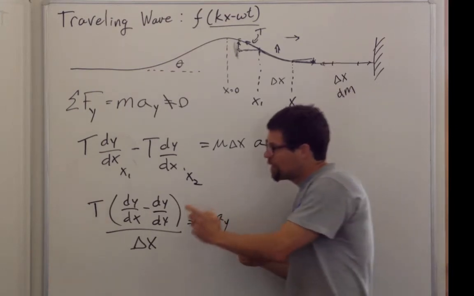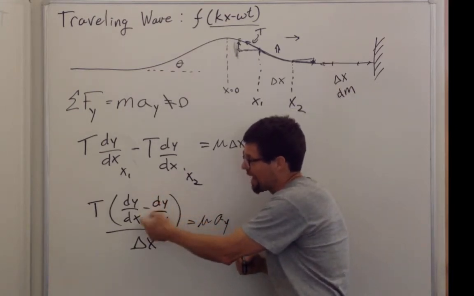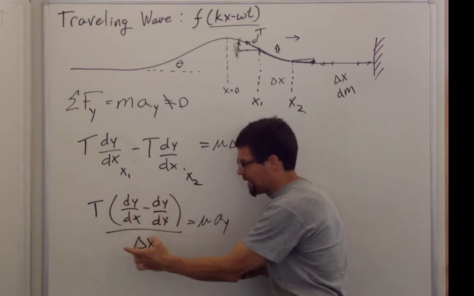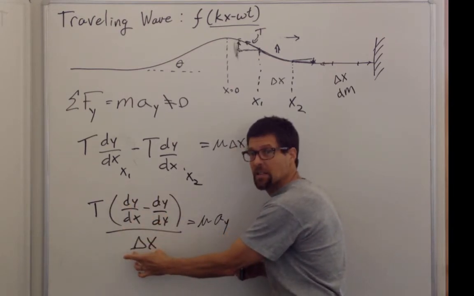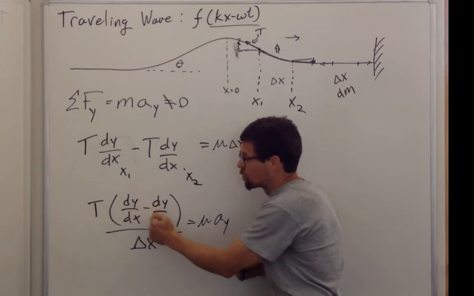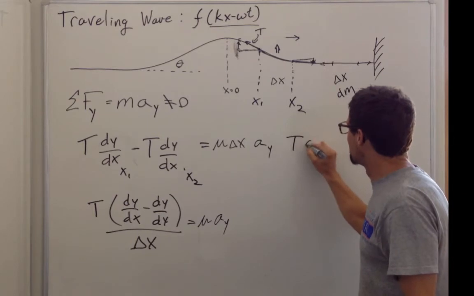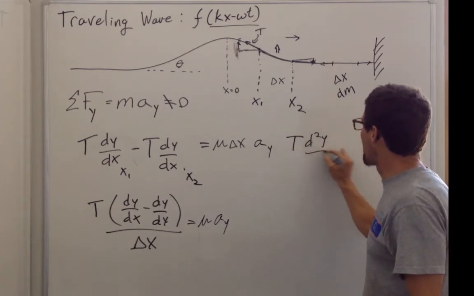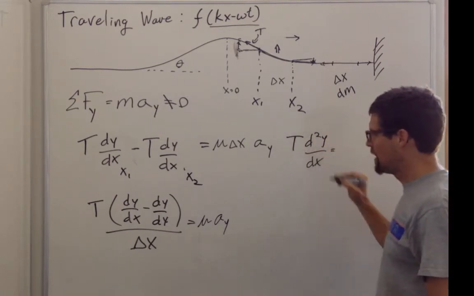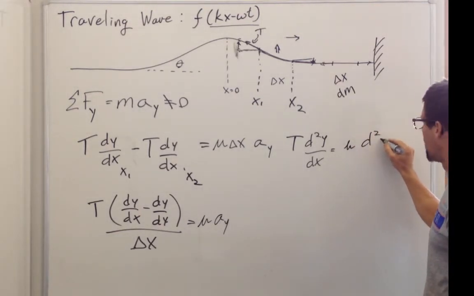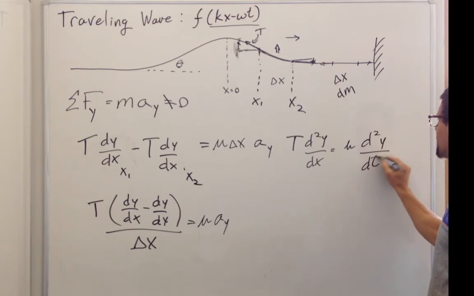And I like this because this is the slope of the line at two different points. And so this is the change in slope, and this is the change in x. So this is the second derivative of y. Or we can write this now as T times the second derivative of y with respect to x is equal to mu times the second derivative of y with respect to t.